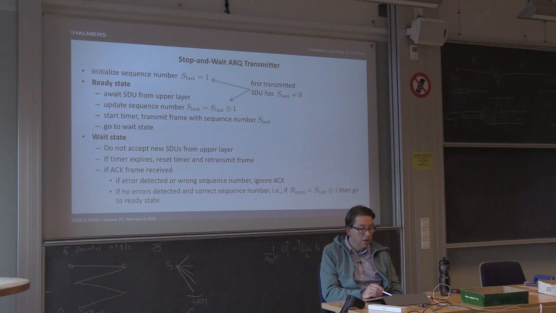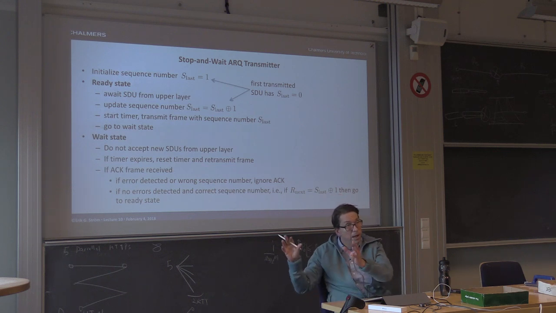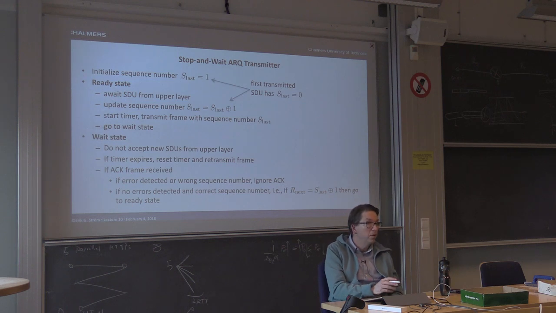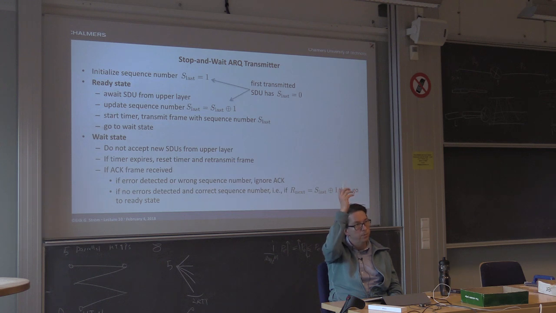And the logic says also that if I get the wrong sequence number, I should not care about that. Then that acknowledgement is bogus somehow. And if no errors are detected and the correct sequence number is in the frame, that is that R next is equal to S last plus 1, because this is what I expect. If I just transmitted frame 0, I expect the acknowledgement to ask for frame number 1 to be transmitted next. Then everything is okay, and then I go back to the ready state. And then I can accept now a new service data unit from above.